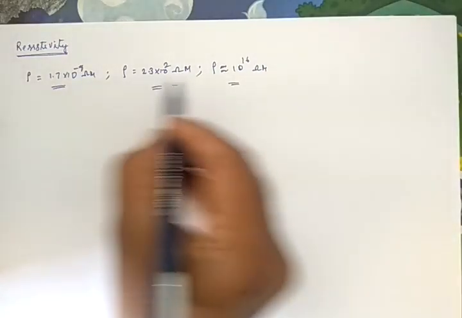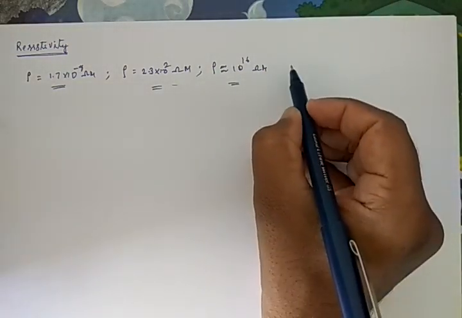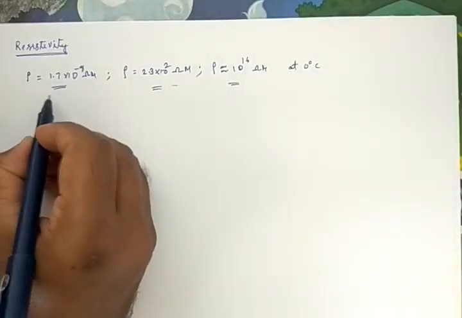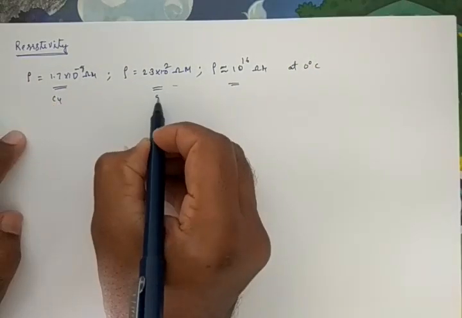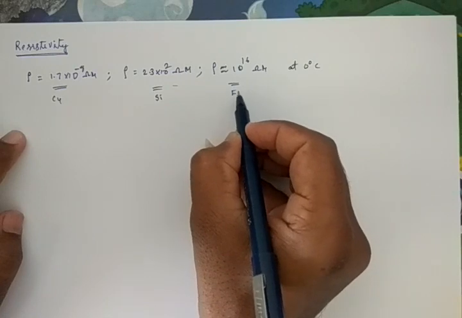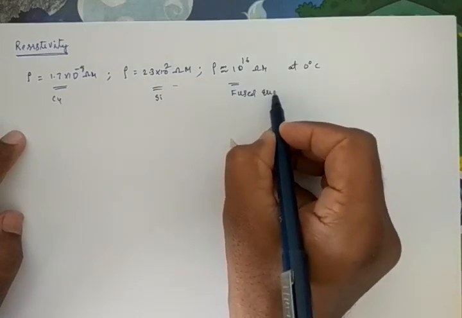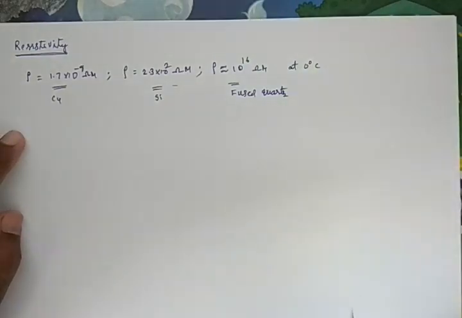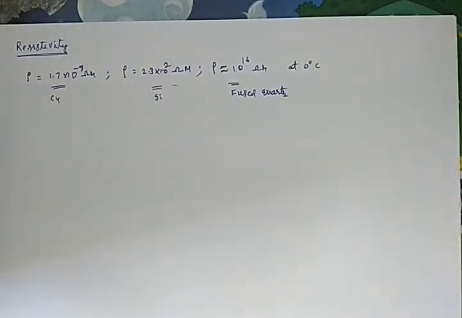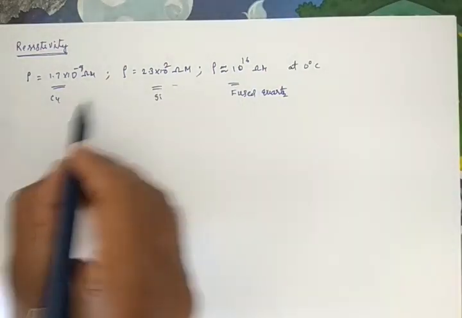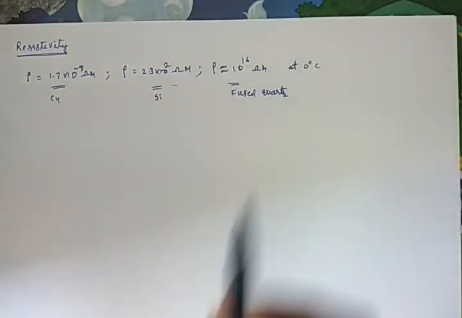All these resistivities I wrote at 0 degree centigrade. This is for copper, this is for silicon, and this is for fused quartz. These are the resistivities of different substances, different elements, different materials at 0 degree centigrade.